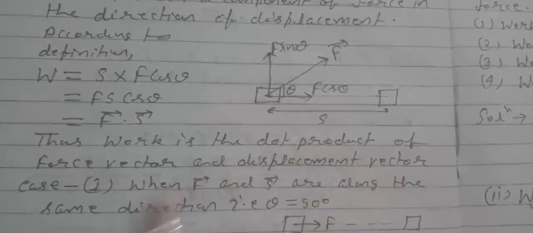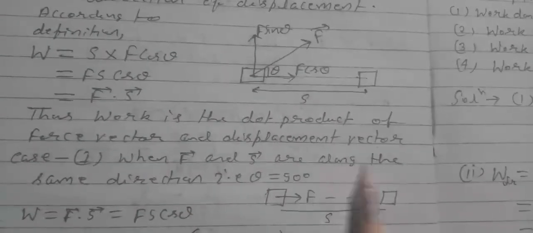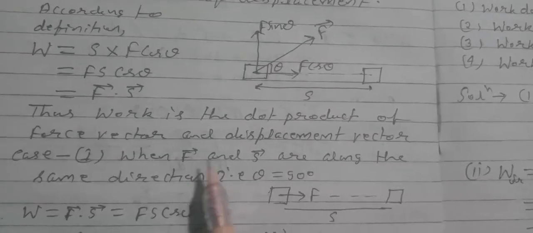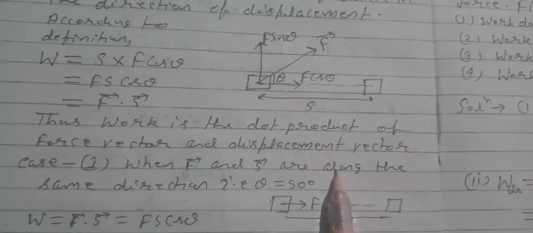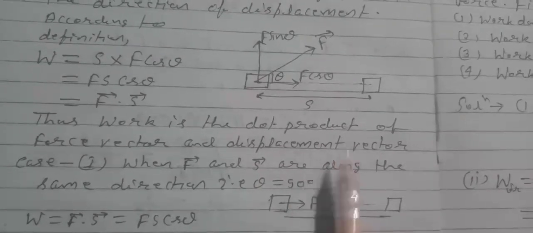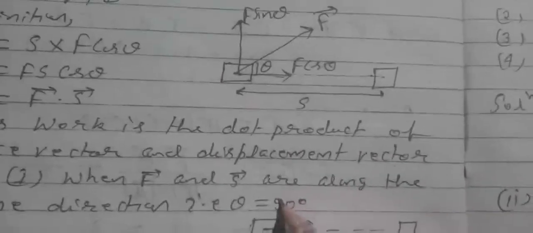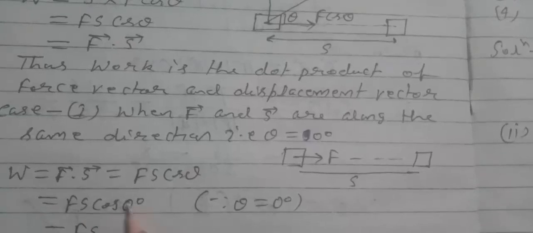Now we can discuss different cases or situations. Case 1: when F vector and s vector are along the same direction, that is theta equals 0 degrees.